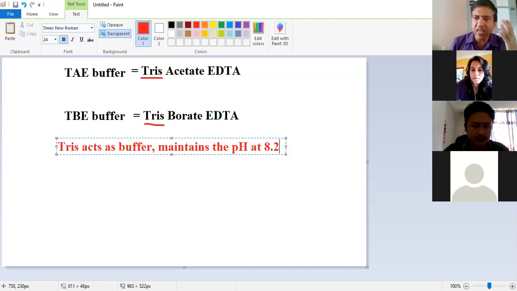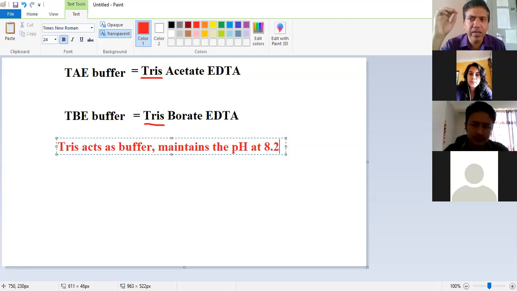So in acidic pH the DNA becomes neutral, and you know that electrophoresis is the movement of charged particles. Uncharged particles do not move. So if you lower the pH, DNA will lose its charge and become neutral, and neutral particles do not move in electrophoresis.